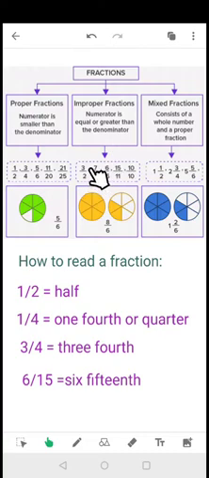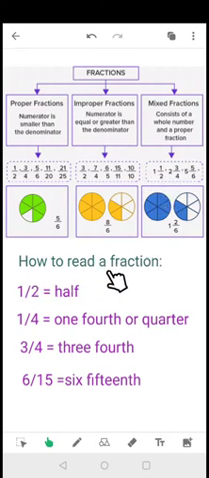Can you see? The numerator number is bigger than the denominator number, or it is equal. Mixed fractions consist of a whole number and a proper fraction. Along with the numerator and denominator, we will have whole number in front of it.